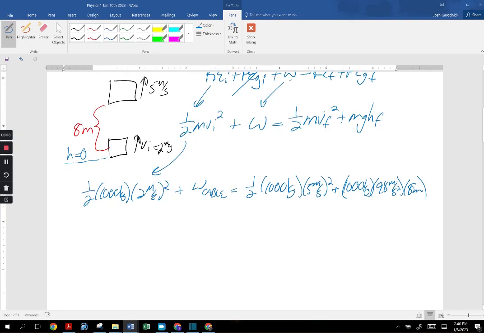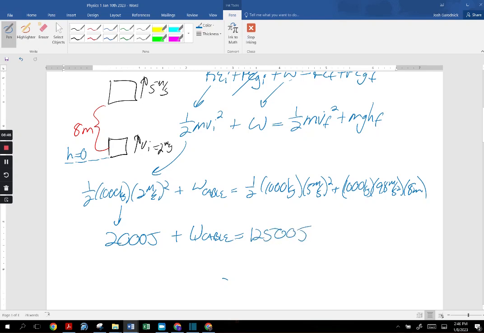Now, these problems, I'm just going to let you know right now, you're going to be making so many mistakes, it's ridiculous. And you're not going to be able to find your mistake if you go right from this to an answer. So what I would prefer that you do is write down each section, like this is 2,000 joules. This is the work done by the cable. This is 12,500 joules.